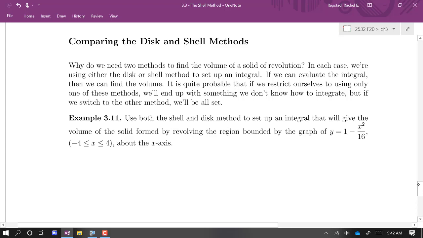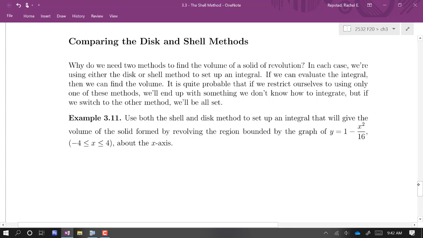So it's possible that setting it up one way could yield an integral that's easy to do, and setting it up the other way would require a lot more work. Or it's possible that setting it up one way will give us an integral we don't know how to do yet. So it's good to have both of these methods so that if we hit a brick wall trying to find a volume in one technique, we have another thing we can try.